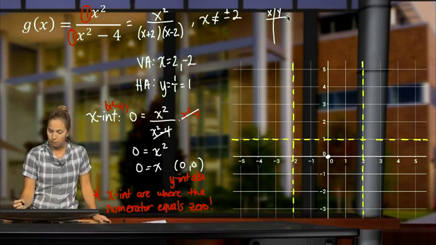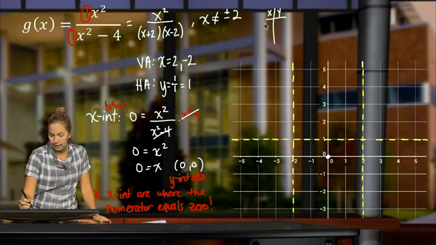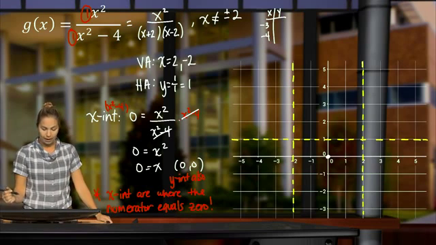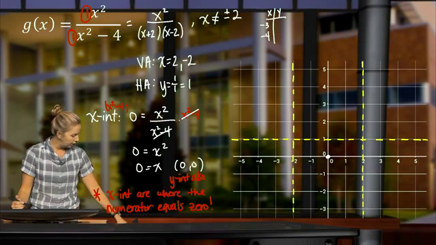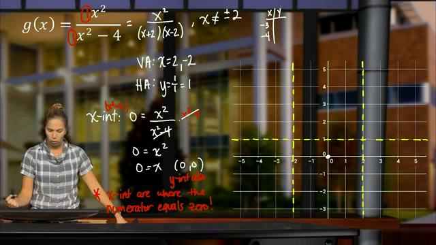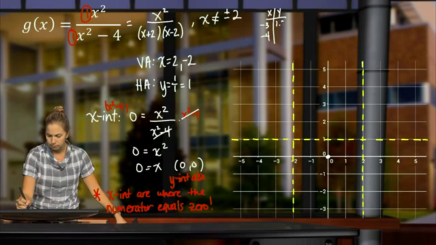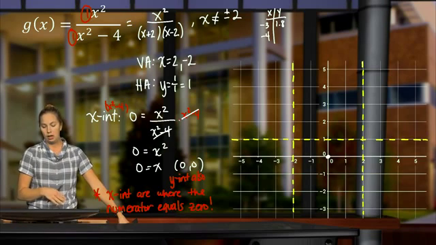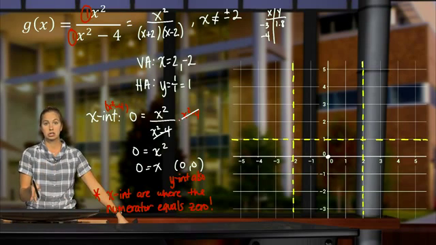So I'm going to do that up here. For my left branch, let's plug in -3 and -4. When we plug in x equals -3, we get 1.8 approximately. For this, guys, if you end up with a rational answer, make sure you just keep that as a simplified fraction.